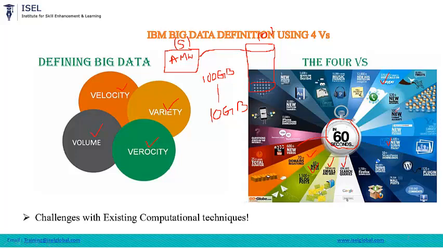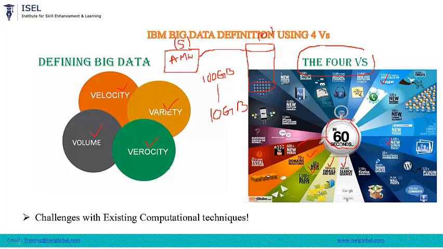So this clearly talks about the 4 V's. The volume of data: you can see a high volume of data being added to the warehouse. The velocity: within 60 seconds this much data is being added, which is huge. The variety: structured, semi-structured and unstructured data are all there, and mostly you are going to see unstructured data from these sources.